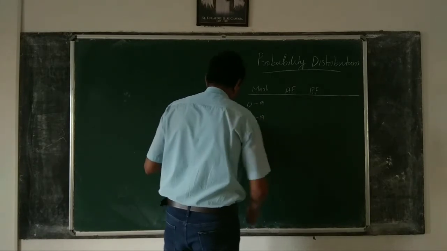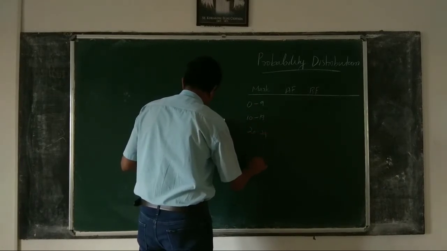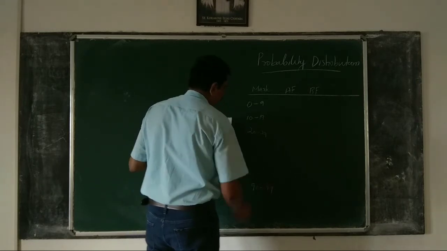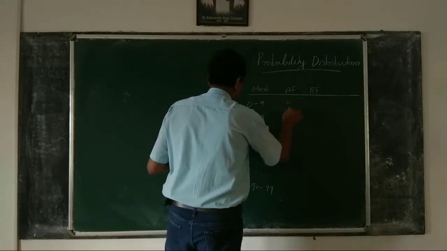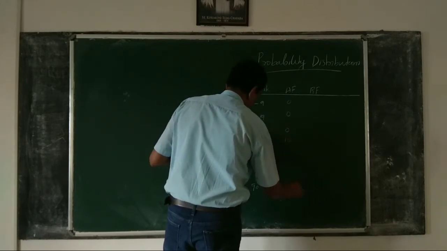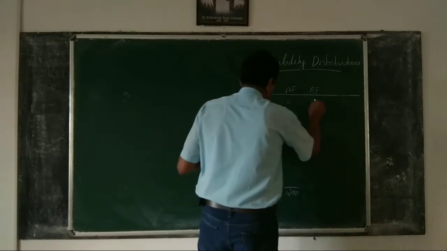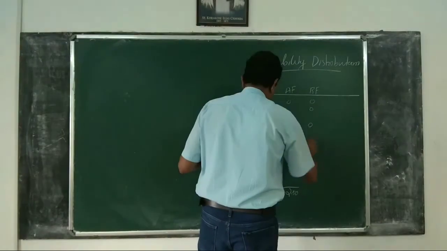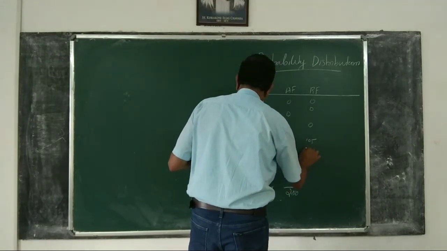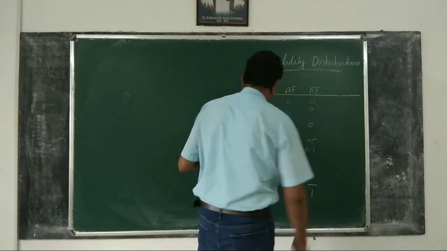This is a discrete random variable, 20 to 29, etc., 90 to 99. Absolute frequencies are 0, 0, 0, 10, etc. Total number of students 200. Divide each absolute frequency by the total, then 0.05, 0.1, etc. 1.